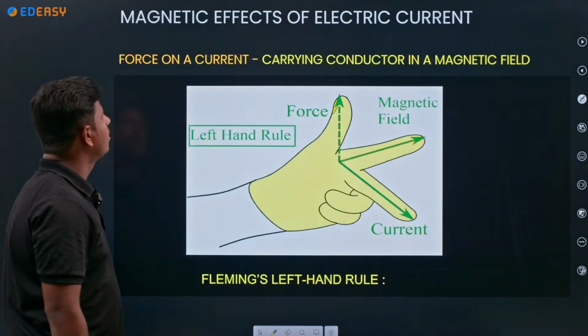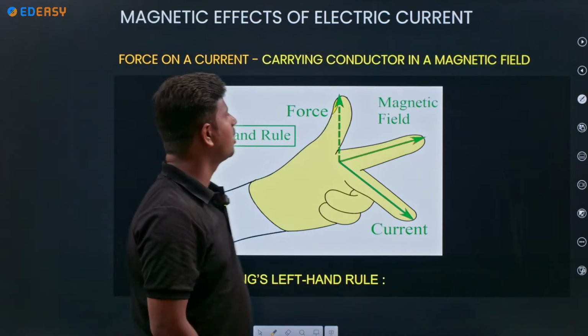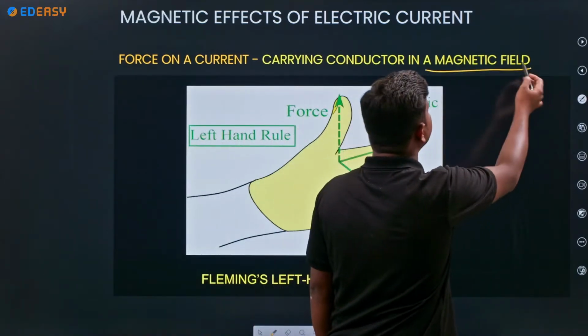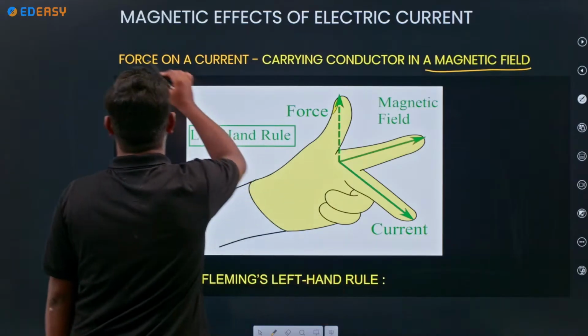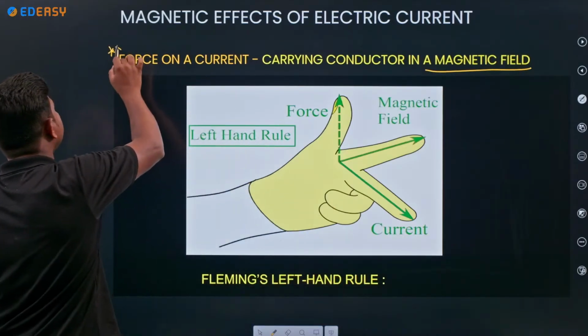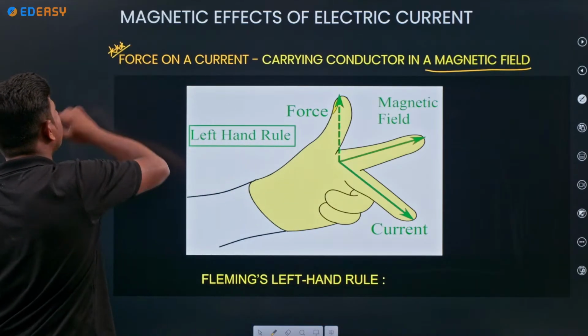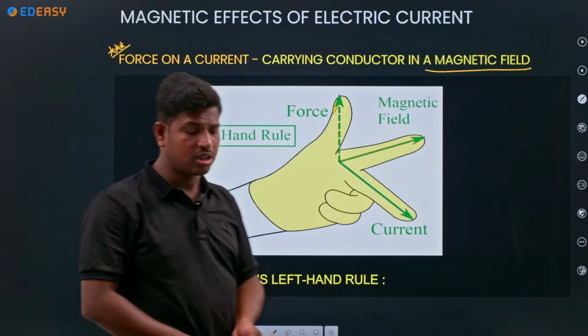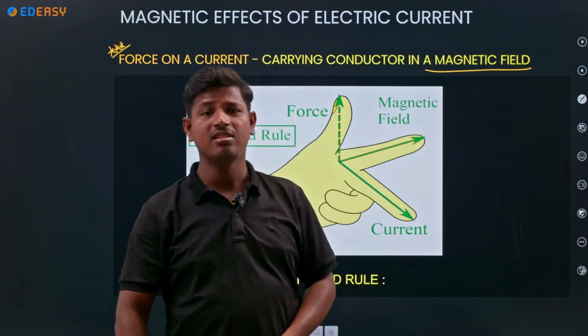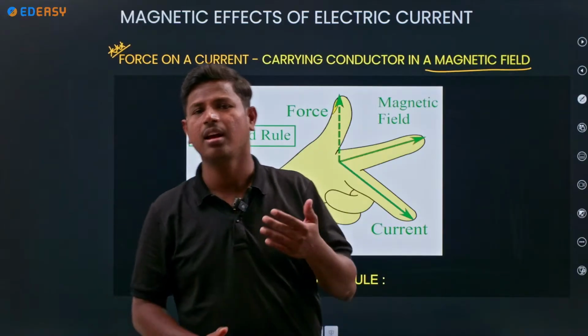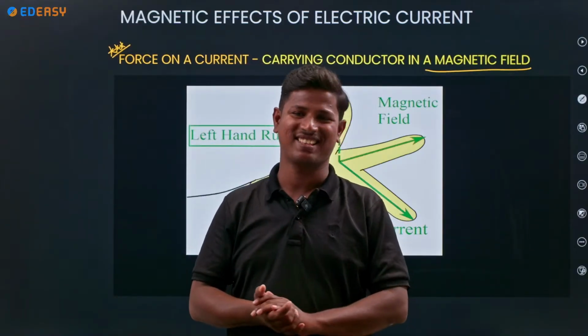Next, force on a current carrying conductor in a magnetic field. It's a very interesting and confusing topic. Many understand it in class but not after the class.